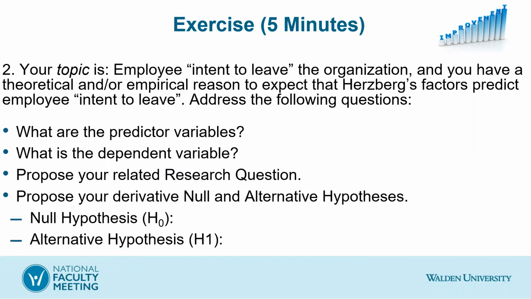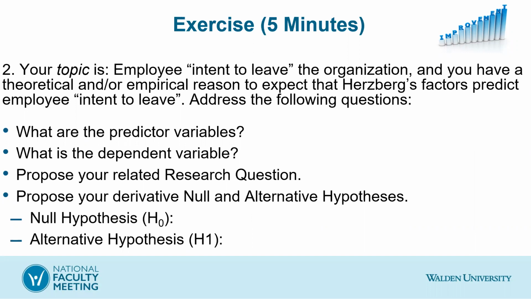Number 2, the topic is employees' intent to leave an organization. And that is your problem. That is your dependent variable. The first bullet, there were several in the Herzberg two-factor theory that could be predicted variables. You would have to use more than 2, and it would have to be predicated on the research.